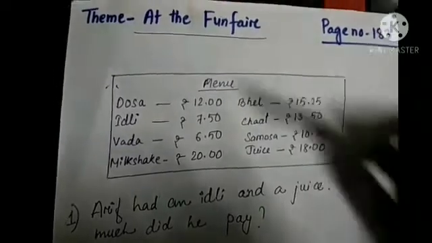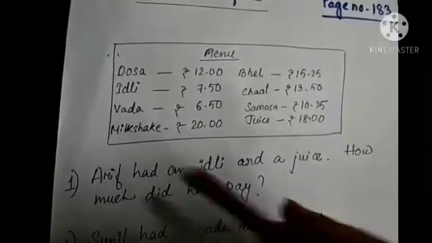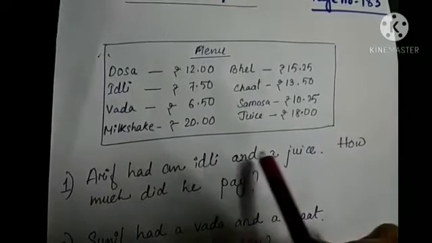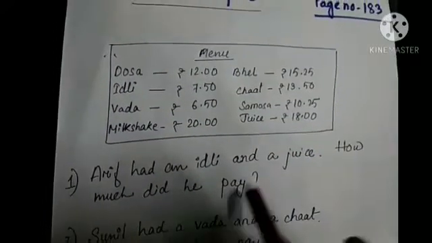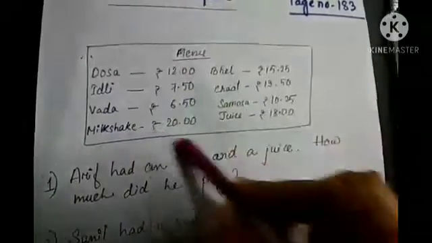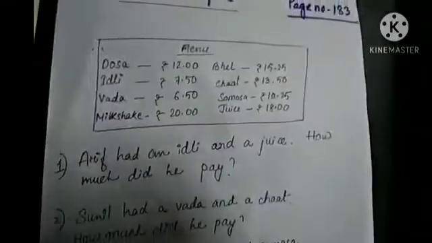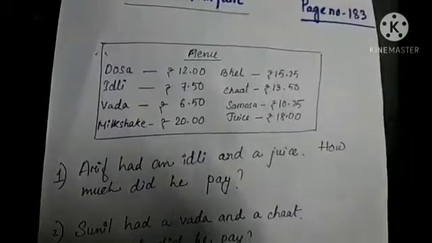The first question is, Arif had an idli and a juice. How much did he pay? According to this menu we have to find out how much he paid.